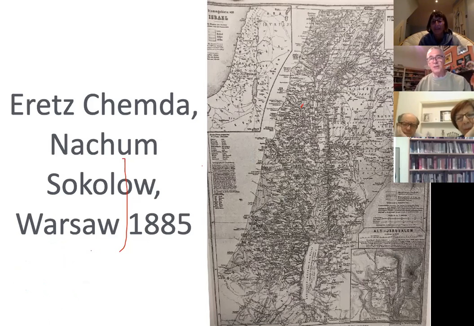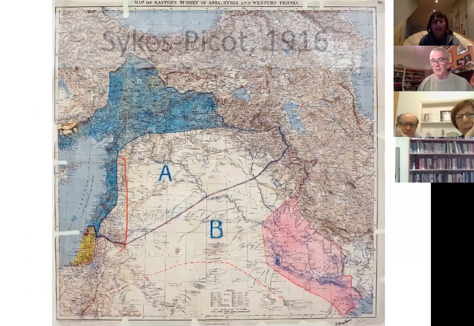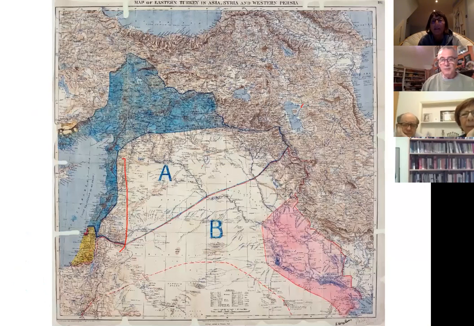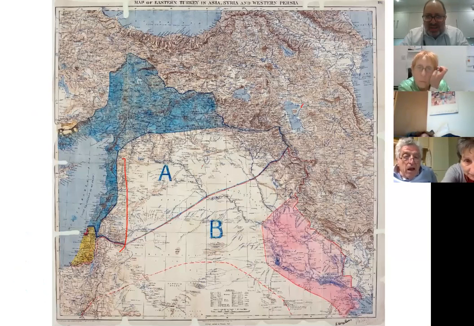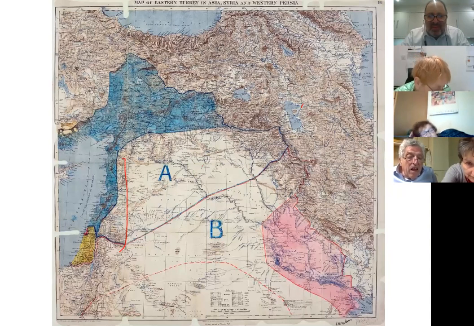So now we jump to 1916, and probably the most important map of the lot, the Sykes-Picot map. And this is a copy of the original Sykes-Picot map. I think the original is in the British Library, if I remember correctly. I'm 90% certain of that.